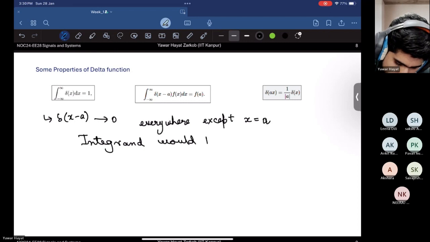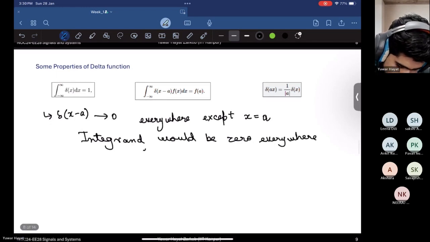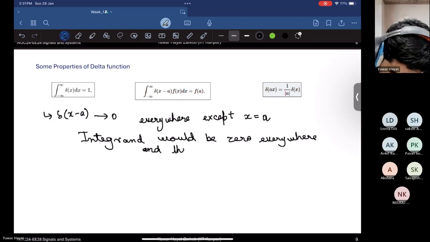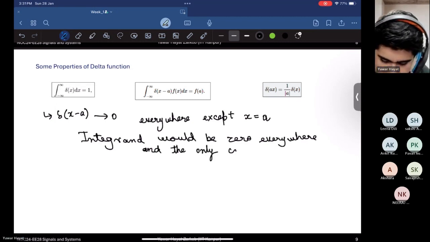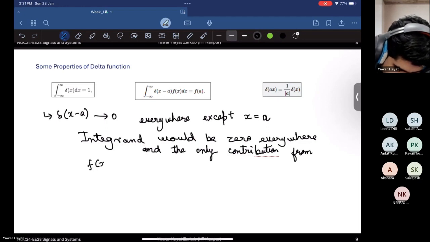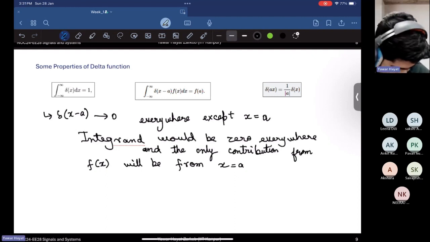So this integrand is 0 everywhere, and only at x equal to a is it nonzero.